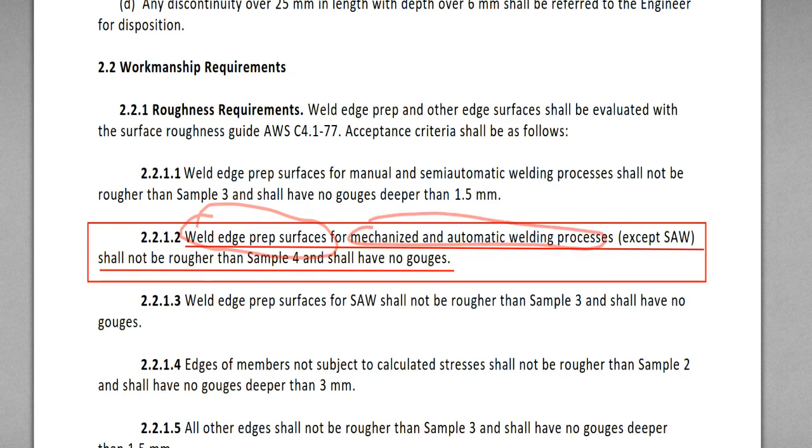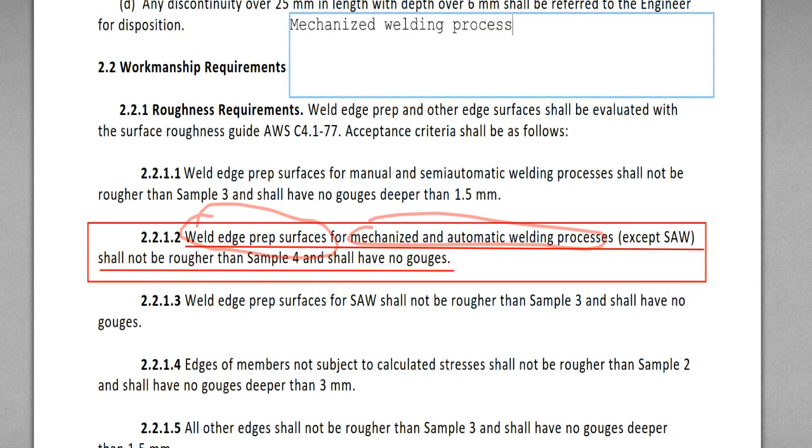Mechanized welding processes are something like GMAW, GTAW, and FCAW.